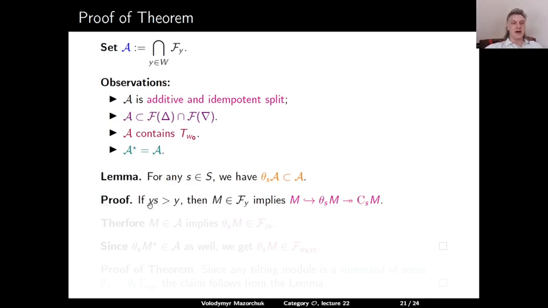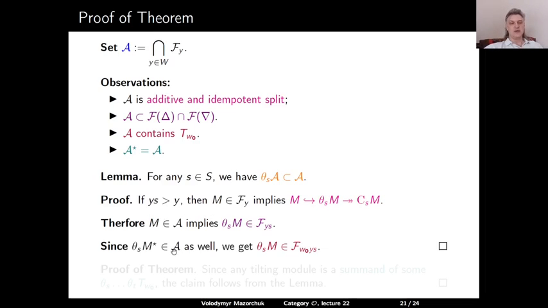So if we take y such that Ys is greater than y, then the fact that M is in Fy implies that M is a submodule of theta S M, and the quotient is by definition Cs of M. So therefore, for such y, M in A implies that theta S M belongs to Fys. So theta S M is filtered by all Fys, where y satisfies this condition.